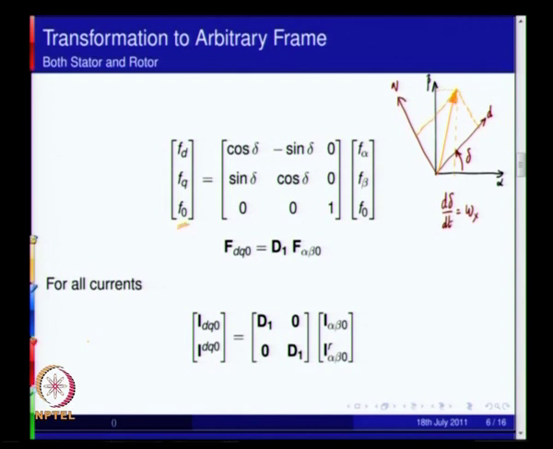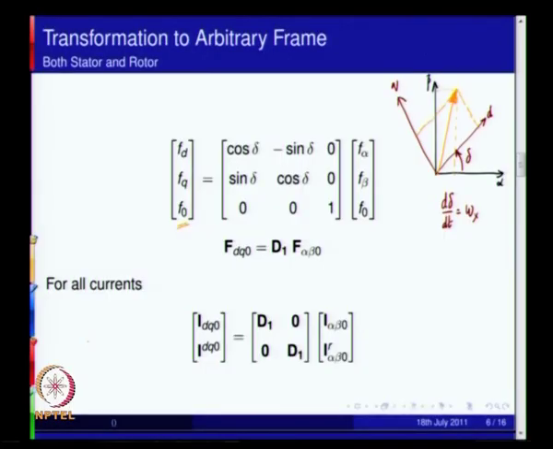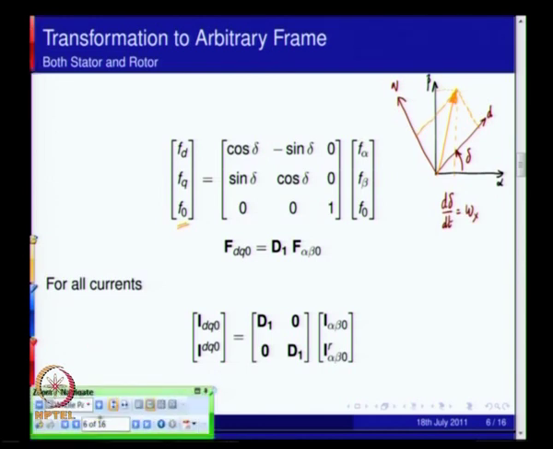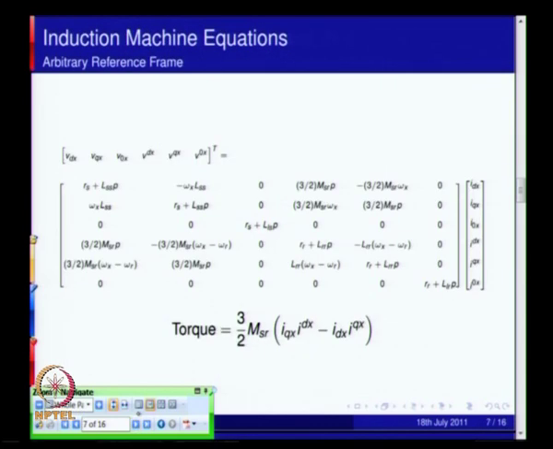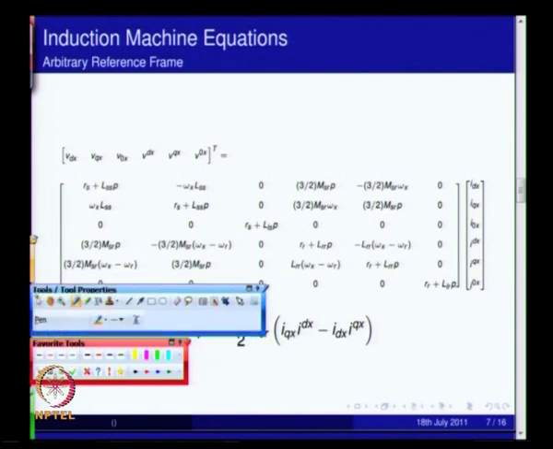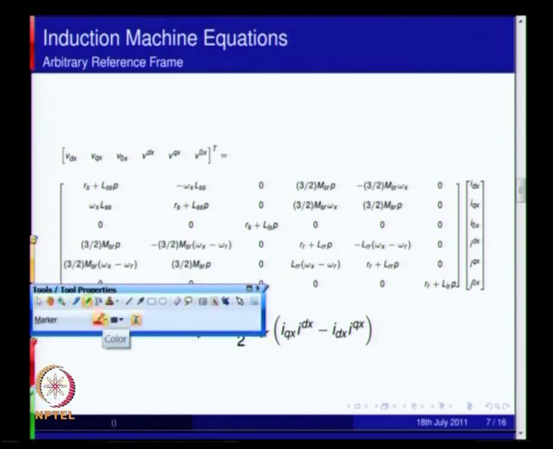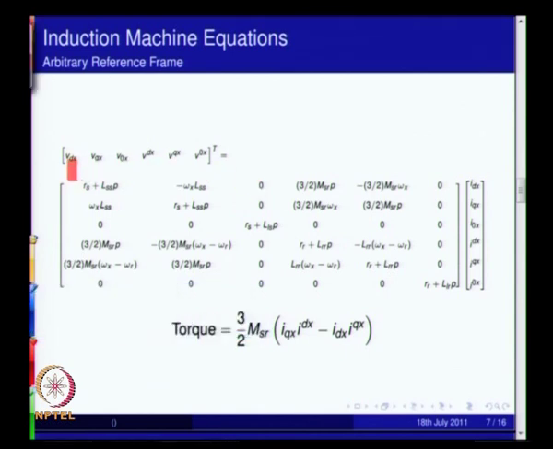So if you now apply this to the induction machine equations, this is where we stopped in the last lecture, which I had suggested that you do as an exercise. If you apply this to the induction machine equations, then the equation set that you land up with is like this. You have Vdx, Vqx and V0x.